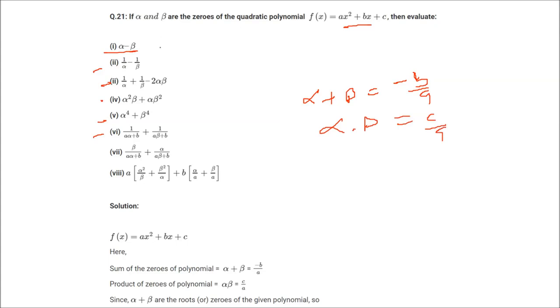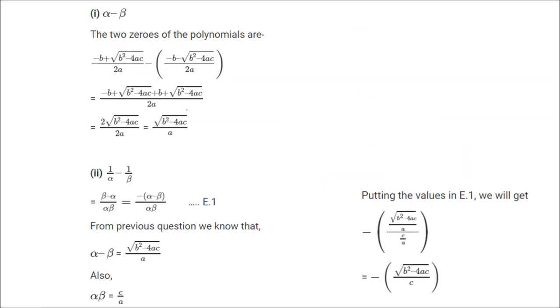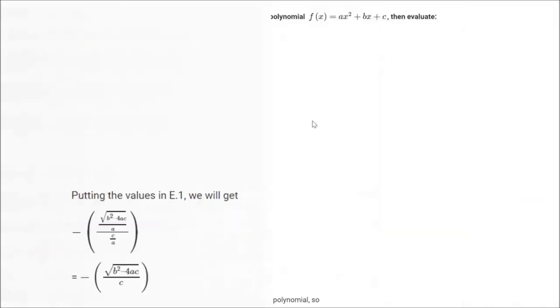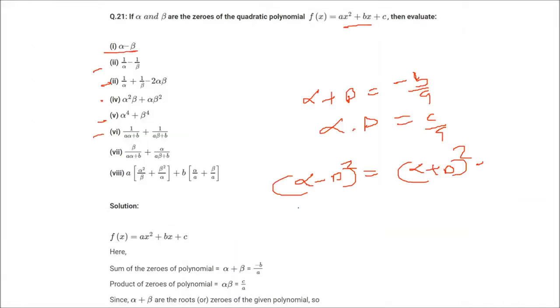Then evaluate alpha minus beta. You know that alpha minus beta whole square is equal to alpha plus beta whole square minus c. This we have already seen, right? So you can just put, either you can do it like this, or we can have another method also. Alpha minus beta whole square is equal to alpha plus beta whole square minus 4 alpha beta.